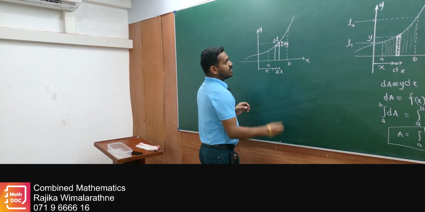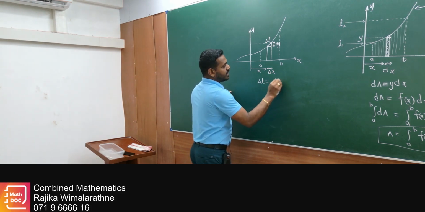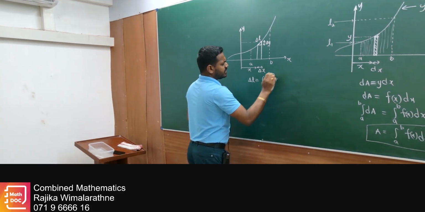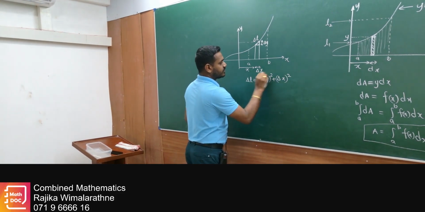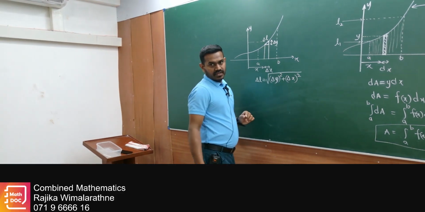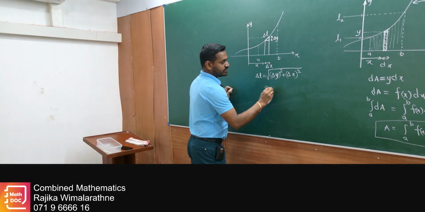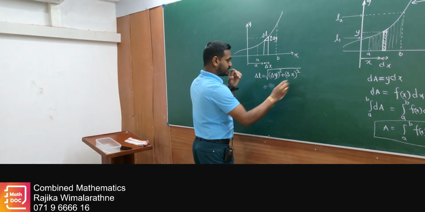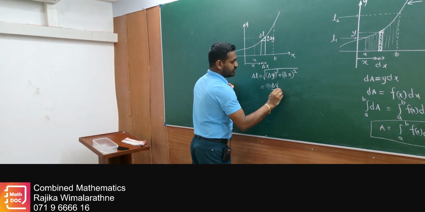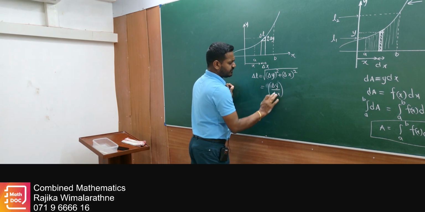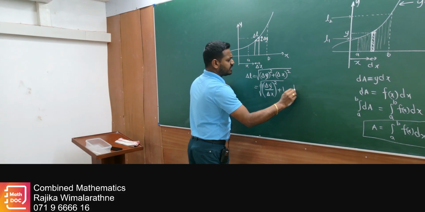By the Pythagorean theorem, delta L equals the square root of delta x squared plus delta y squared. Now take delta x outside: delta L equals the square root of (delta y over delta x) squared plus 1, times delta x.